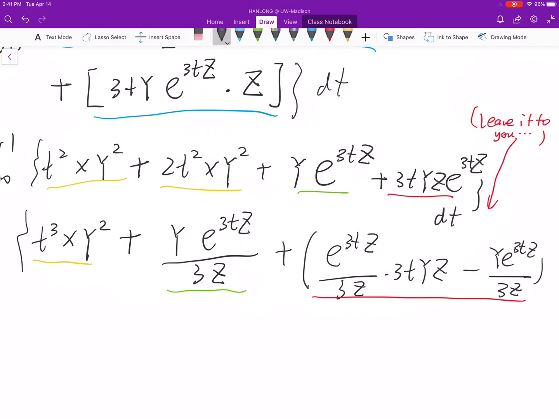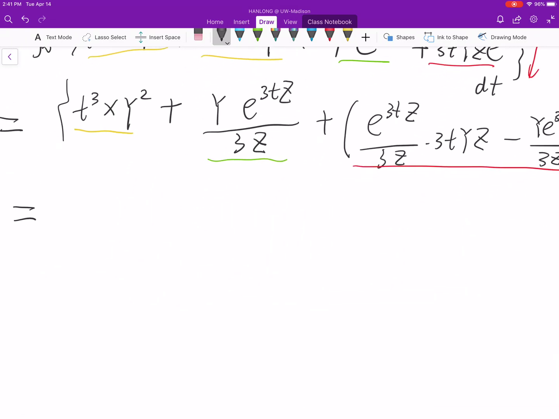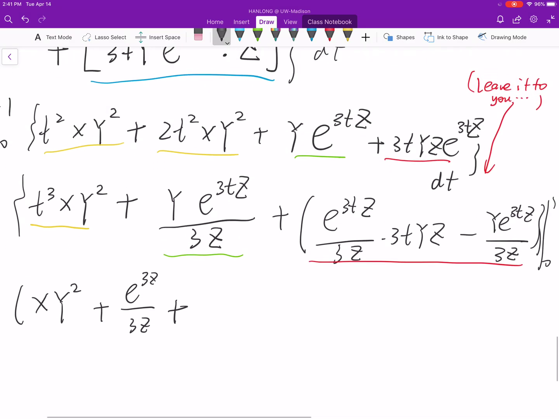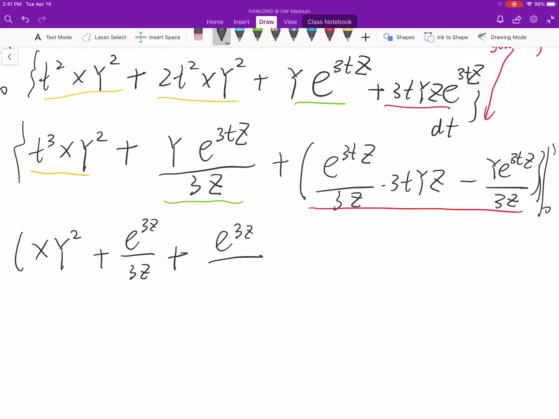Then you need to plug in 0 and 1. When you plug in 1, you have XY squared plus 3Z e^(3Z) over 3Z, plus e^(3Z) over 3Z times 3YZ, minus Y e^(3Z) over 3Z.